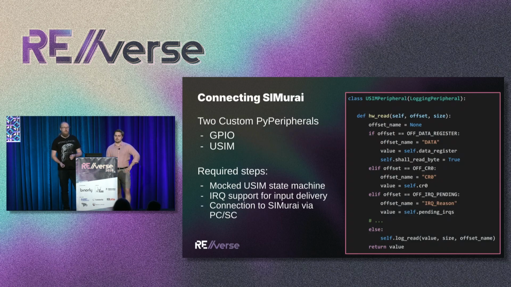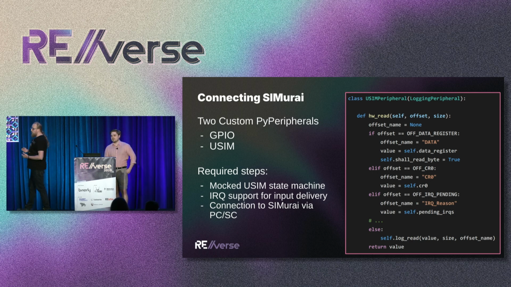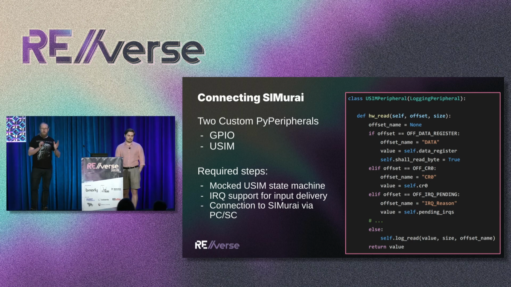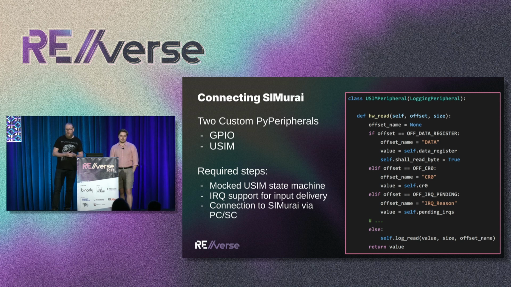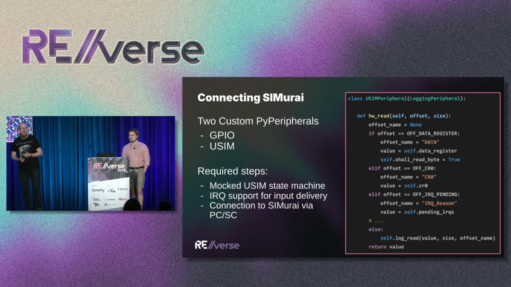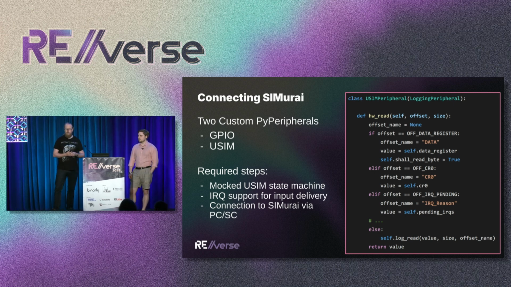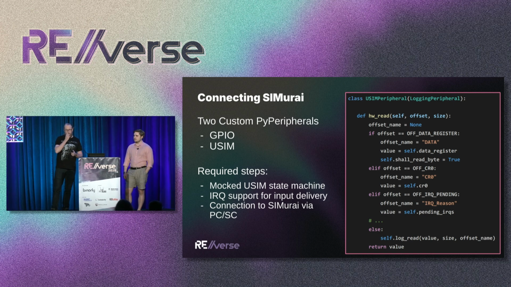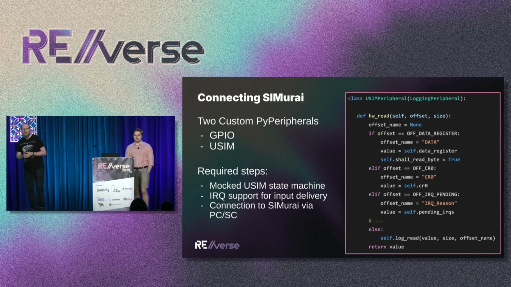So what did we need to do to connect SIMURAI to firmware? We needed to implement two Pi peripherals, so peripheral abstractions in Python, mocking up the GPIO communication channel and the USIM communication channel, like the UICC peripheral interaction. And to get the UICC peripheral implemented, we needed to execute three steps.